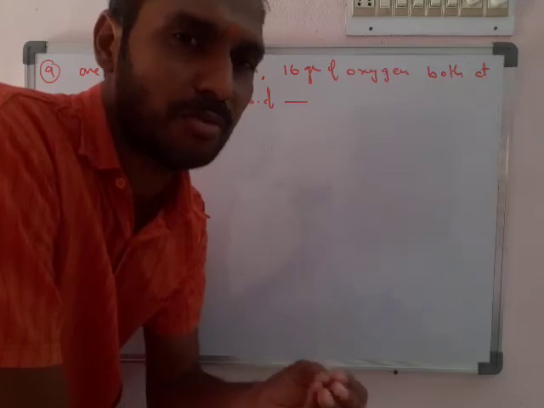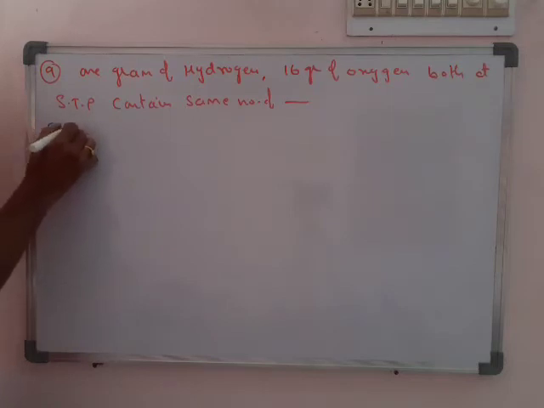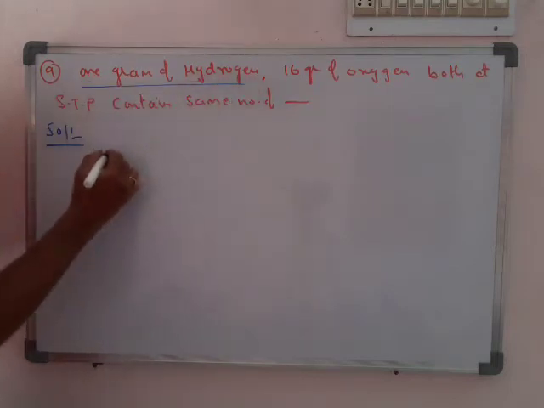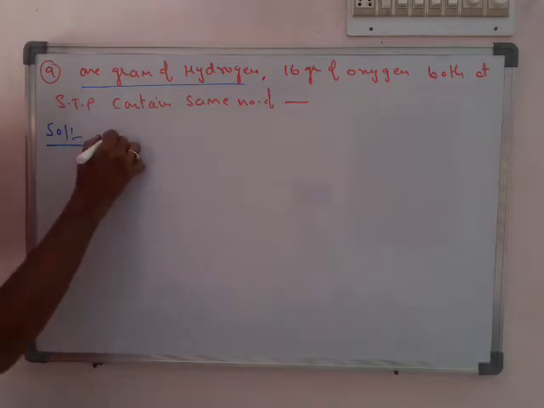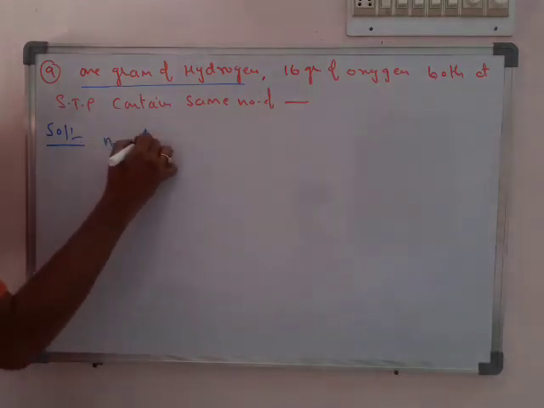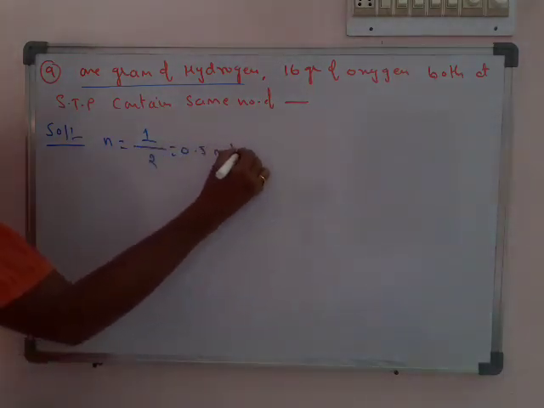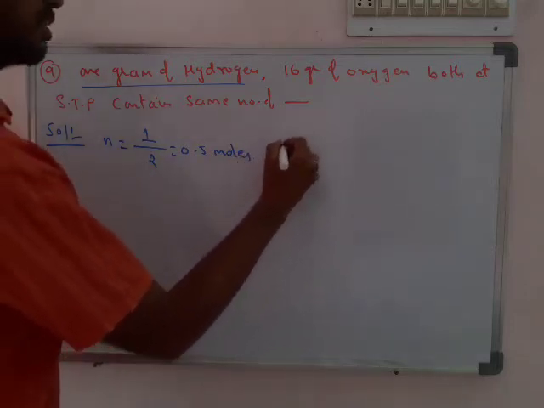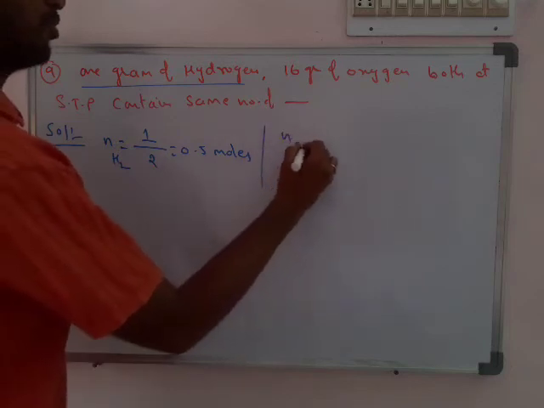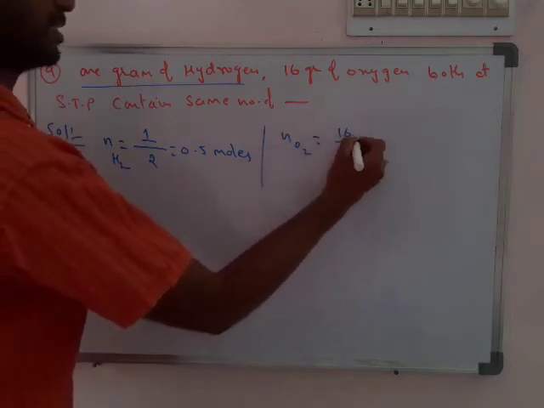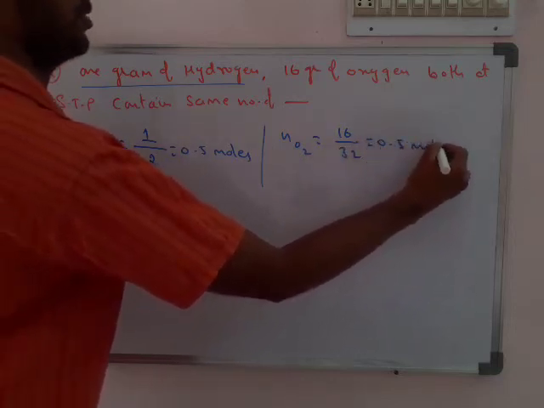That means we convert the given weights into number of moles and then compare them. Here it says 1 gram of hydrogen. The number of moles is weight by molecular weight. So weight by molecular weight, 1 by 2, is 0.5 moles. Next for oxygen, the number of moles of O2 with 16 grams weight and molecular weight 32 is also 0.5 moles.